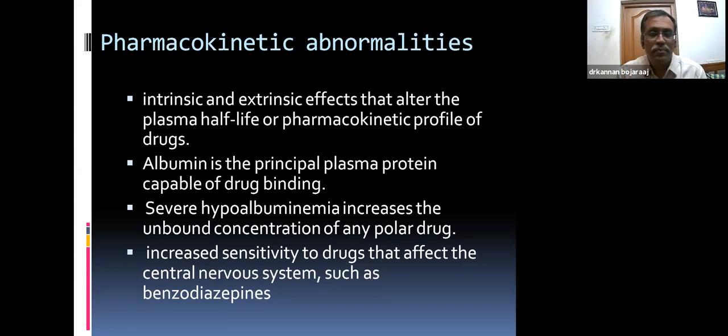It will produce extraordinary effects. And sometimes in liver problems it will increase the sensitivity to certain drugs.